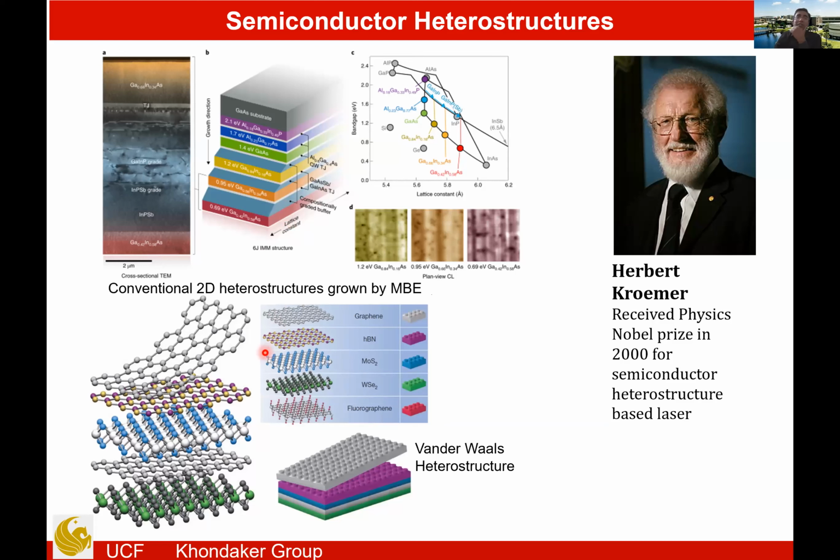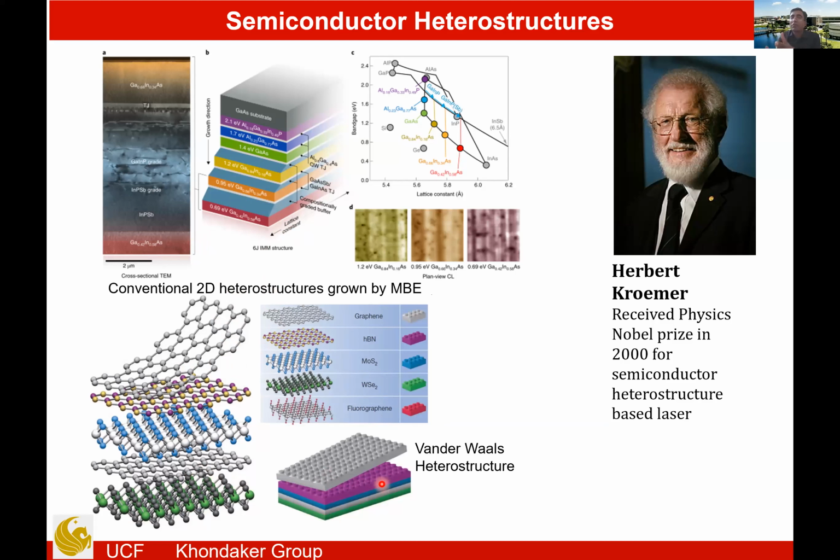So if you say, okay, I don't want to build superlattices using MBE growth, what you can do is take individual 2D materials and consider each of them as a Lego block of different colors. And then you can just put one on top of the other. You don't have to think about their lattice mismatch, right?